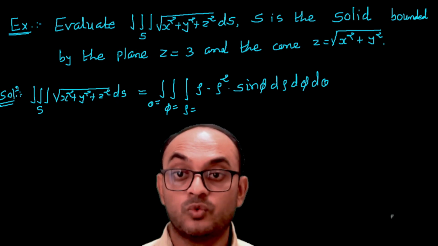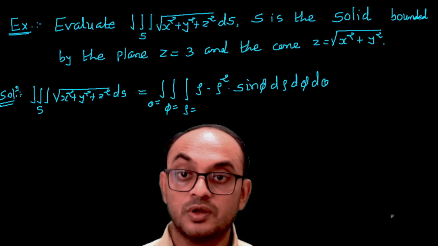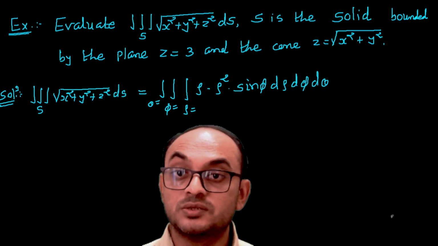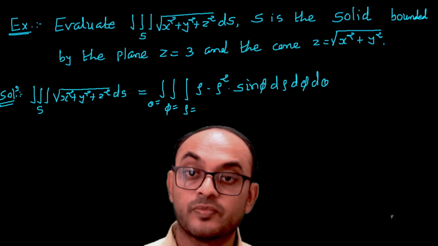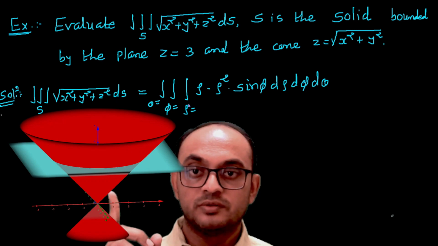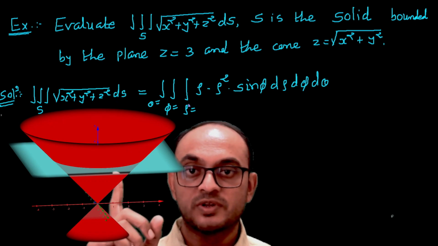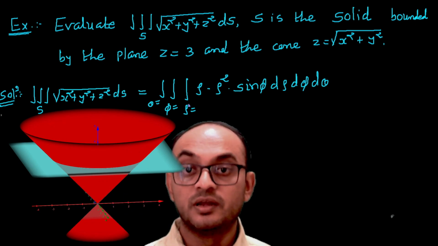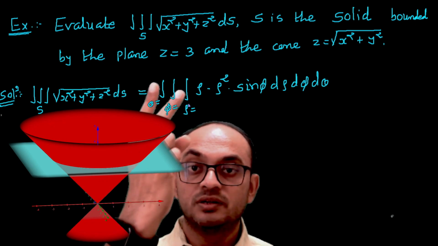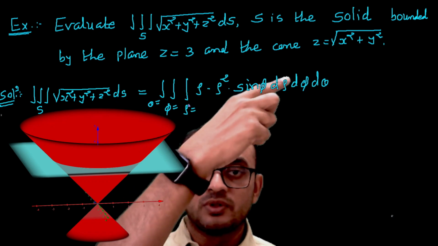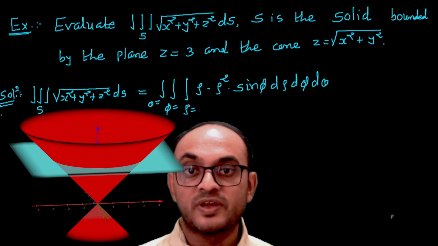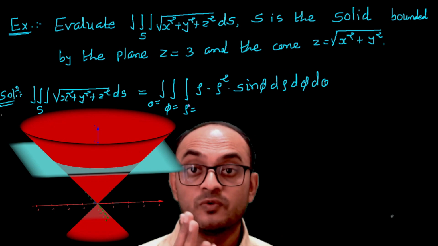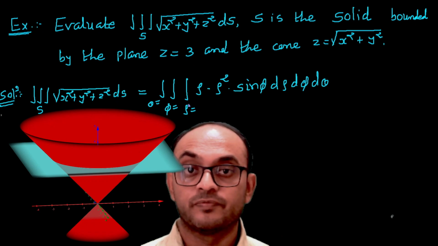These three questions we have. So let us see what is rho. The solid is now clear, that z is equal to square root of x square plus y square, and this is the plane z is equal to 3, right? Now the first thing is, let us write down z is equal to 3 and z is equal to square root of x square plus y square in terms of rho, theta and phi.